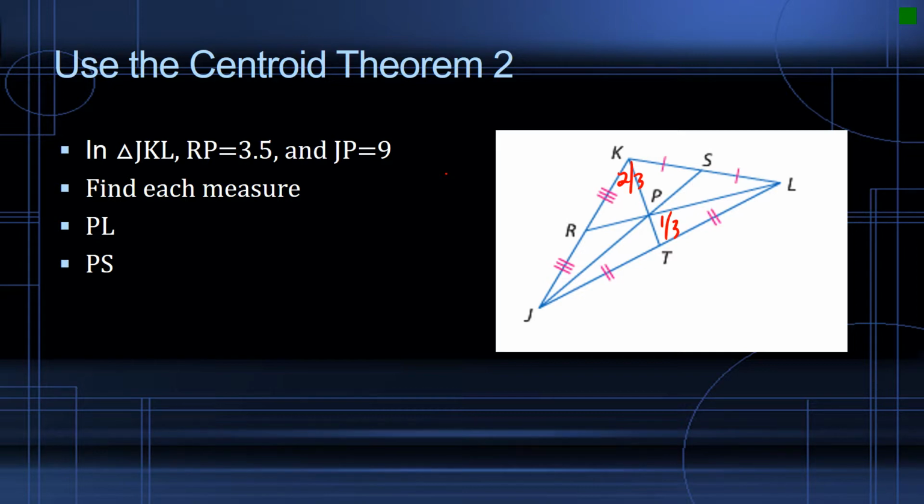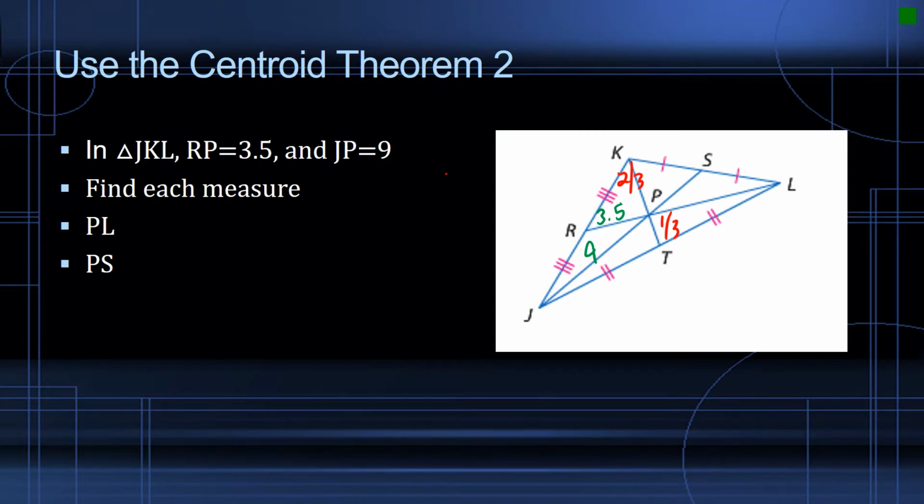So let's see how we can apply this. It says, in triangle JKL, so here we've got JKL, we see the triangle, that RP is 3.5, and JP is 9. All right, find each measure.